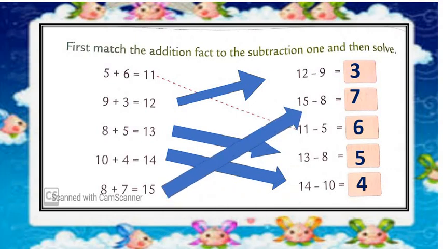Match the pair. This is called addition fact to subtraction one. As this is the revision, I hope you all memorize how to solve this. And yes, we have already completed this exercise in our fair book also.